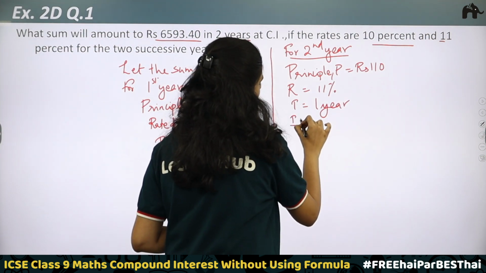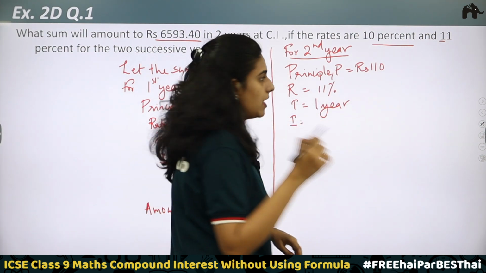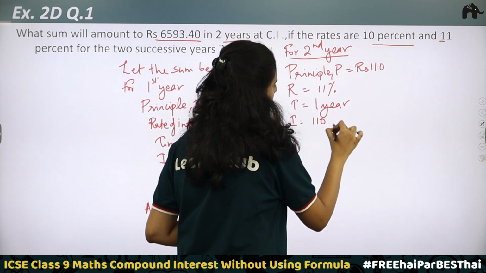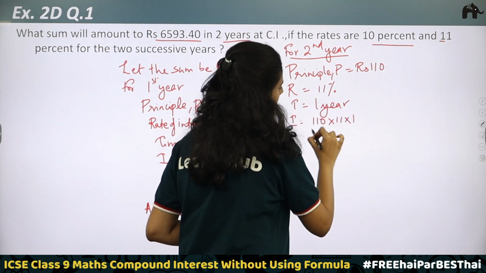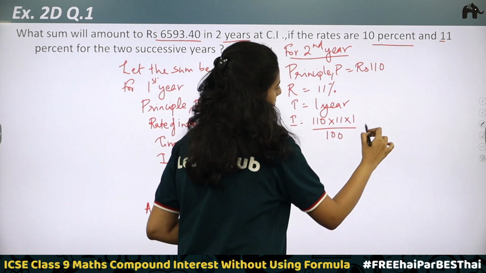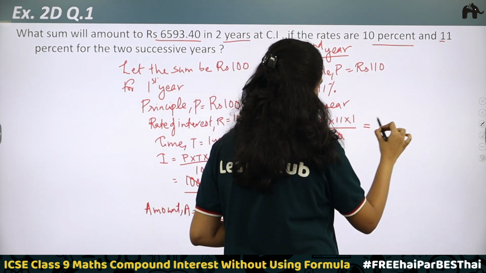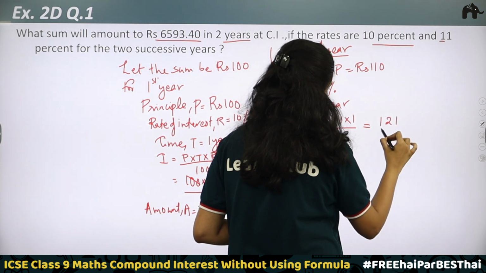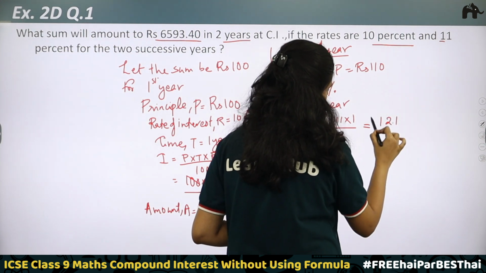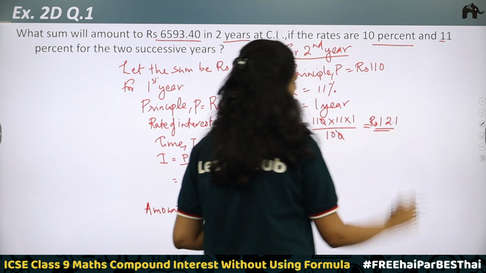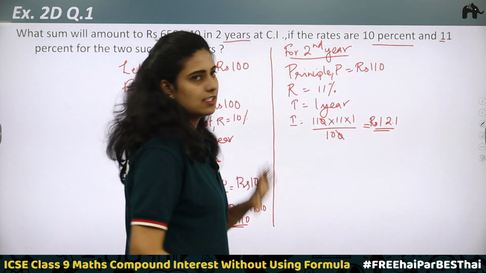Then the interest will be equal to PTR divided by 100, that is 110 into 11 into 1 divided by 100. Okay, zeros can be cancelled. 11 into 11, which is equal to 121 divided by 10. Therefore, a decimal point should be put. Rupees 12.1 is the interest in this case.